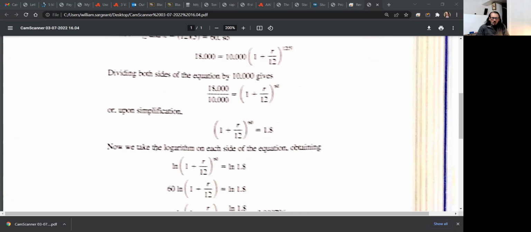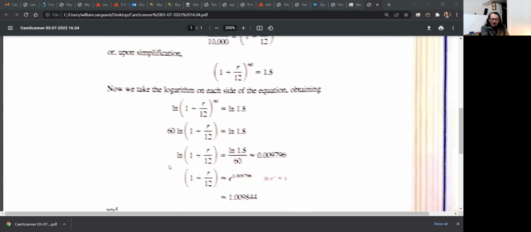So to get that 60 out of the exponent, he takes the natural log of both sides, which allows us on the left-hand side to bring that out in front as multiplication. And that just trades having R inside of an exponent to being inside of a natural log.